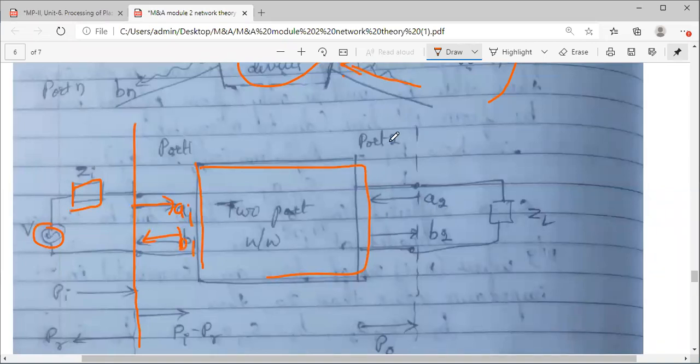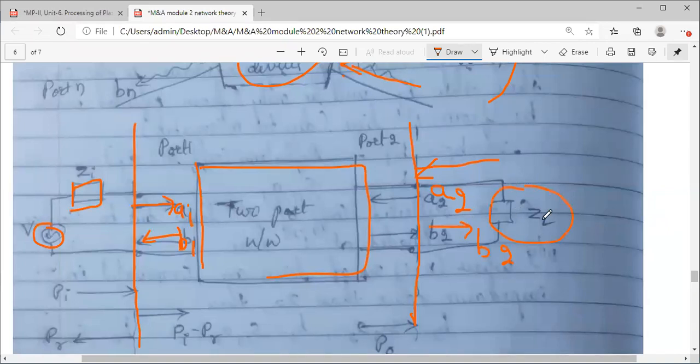Now coming to the second port, this is your reference plane. For this plane, this is your incident wave A2, this is your reflected wave B2. On the reference plane, you have to see what the incident wave is, and from that, what the reflection is. This is your load impedance.